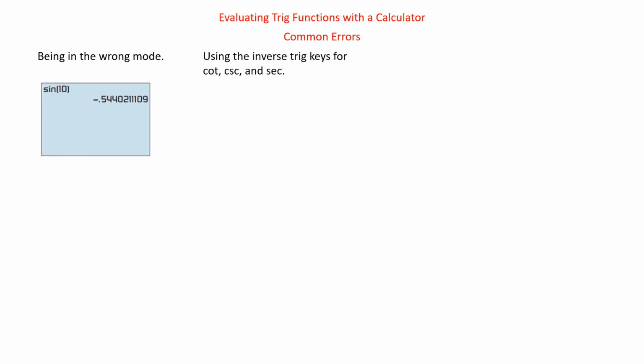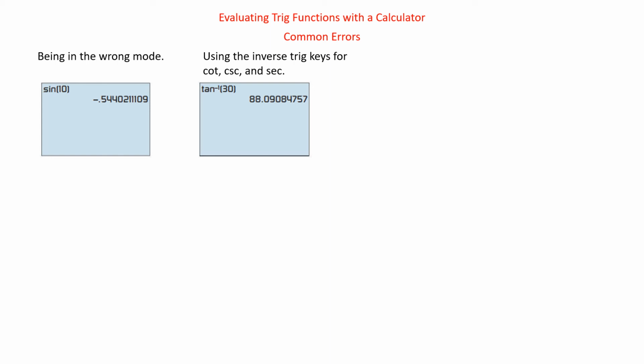Using the inverse trig keys for cotangent, cosecant, and secant: there are no keys for those other three. You have to find them because they're just reciprocals. And so doing something like this, the inverse tangent, that's like the second tangent button, gives you tangent to the -1.